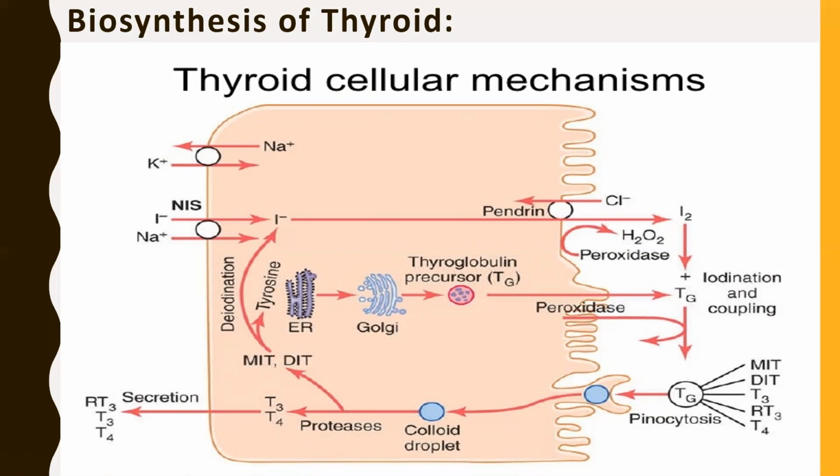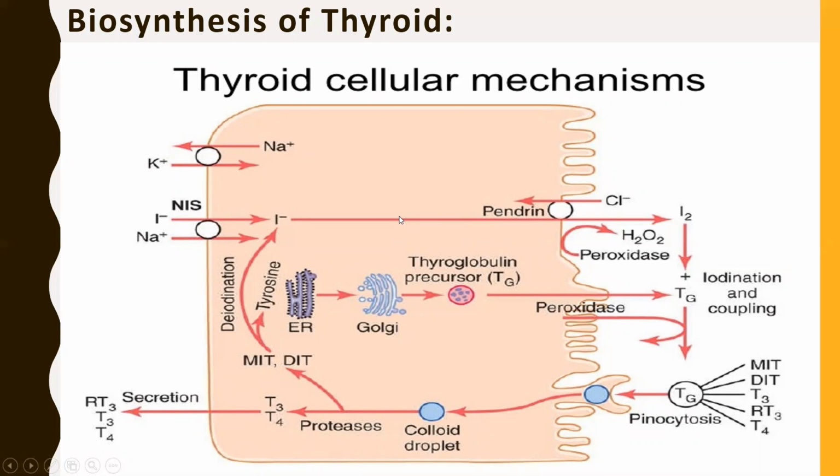Here the symporter is also present. The first symporter is the sodium iodide symporter, then second is the sodium potassium symporter, then other symporters are also present on the surface of the thyroid gland.